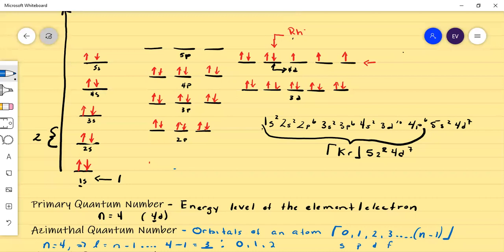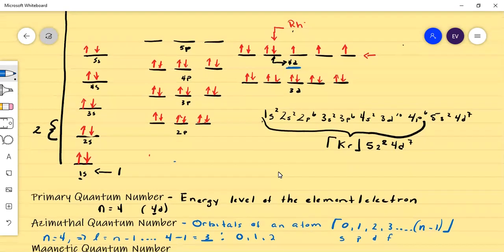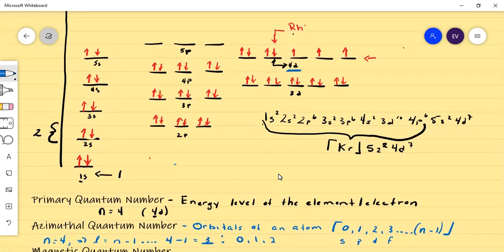Now, in the case of the azimuthal quantum number for this particular element, it's going to be in one of these orbitals, okay? It's going to be either in the 0, which is the s, or in the 1, which is the p, or in the 2, which is the d. In this case, we know that it is in the 4D. So because the electron exists in the 4D orbital, then the value for our azimuthal quantum number has to be this guy right here.